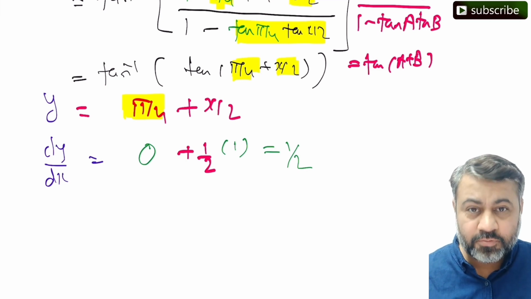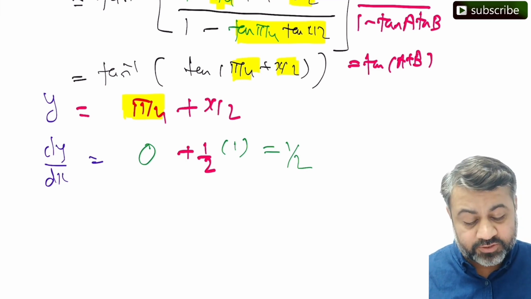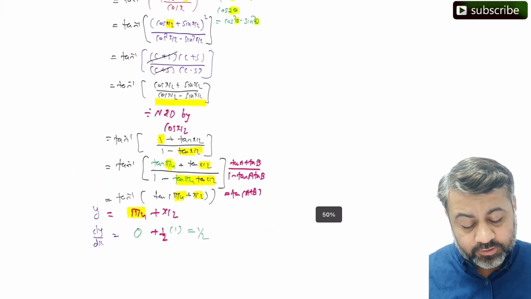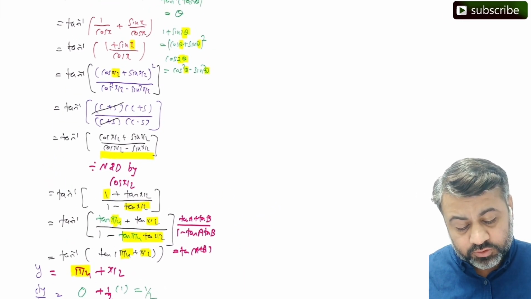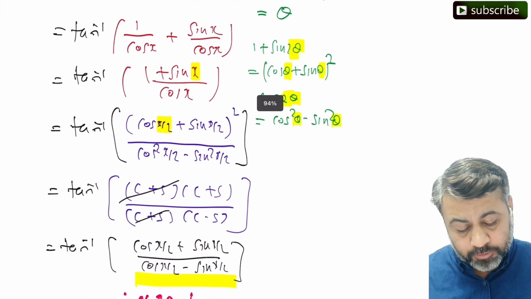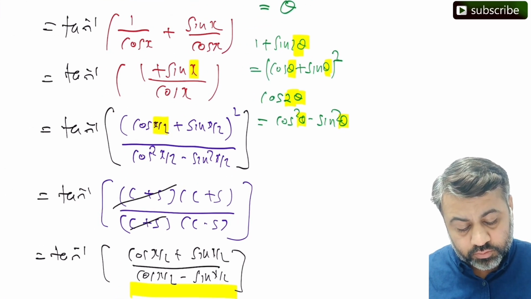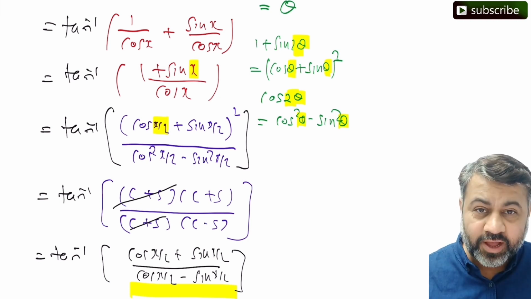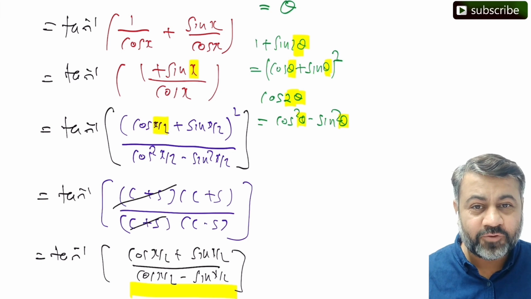Easy question, provided you have mastery over the basic trigonometric formulas very nicely. So a couple of concepts which we use are very important here. In the beginning, the formula for 1 plus sine 2 theta and the formula for cos 2 theta. These two concepts have to be mastered very nicely.